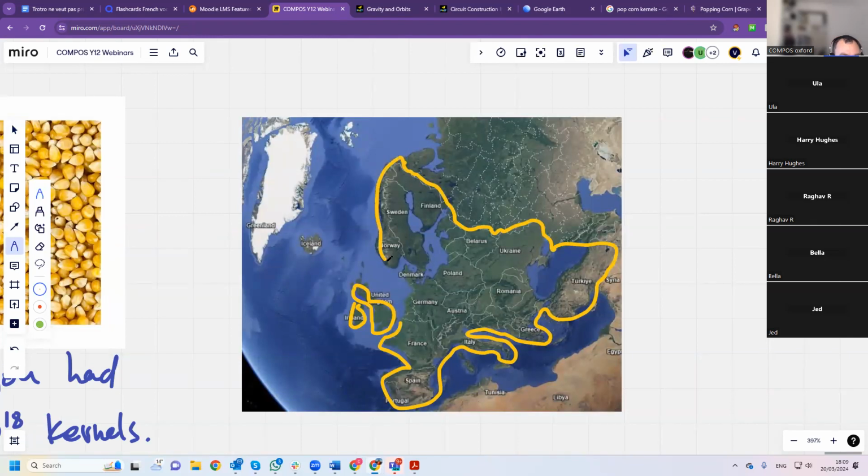You could cover all of this, excluding the Black Sea, of course.